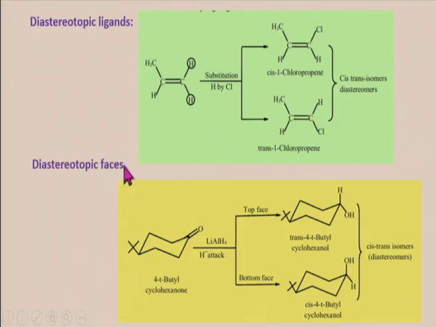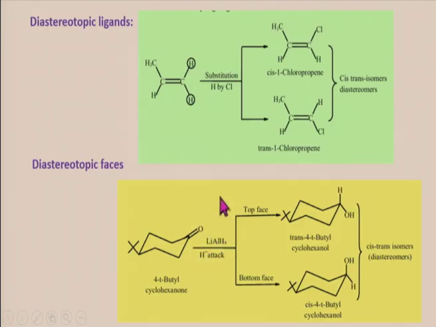In the diastereotopic faces, the reagent can attack from two opportunities, the top face and the bottom face, and the products obtained are different diastereomers. Take tertiary butyl cyclohexanone when it is treated with lithium aluminum hydride.